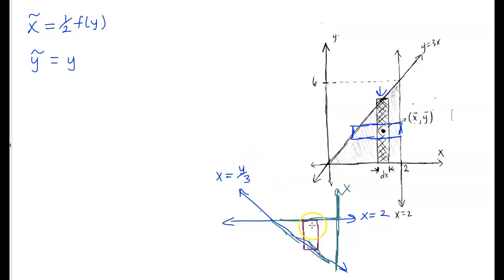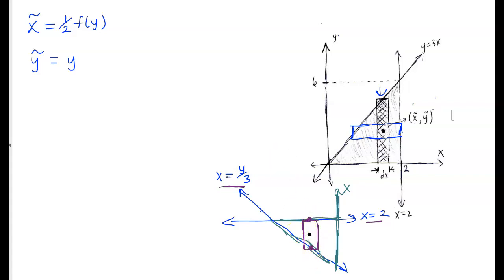Then notice that the length of this particular strip is going to be the difference in between x equals 2 and this function here. And so my x tilde should be halfway in between that.